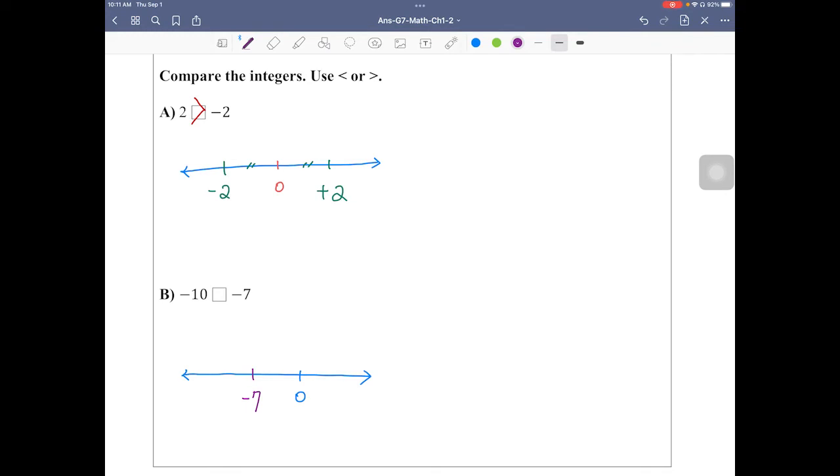Losing less is larger and better than losing more. So that's -7, this is -10. Since -7 is more to the right, -7 is larger than -10.